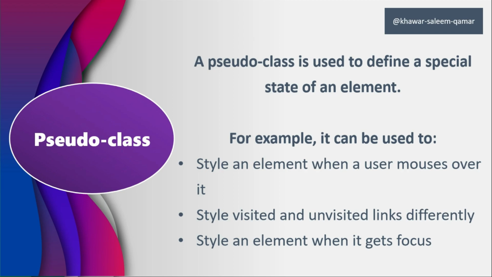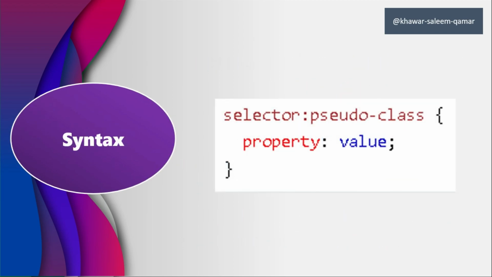And these are the different states that an a tag has. The same way different elements have different states in CSS, so we can style each of those states by using these pseudo classes.